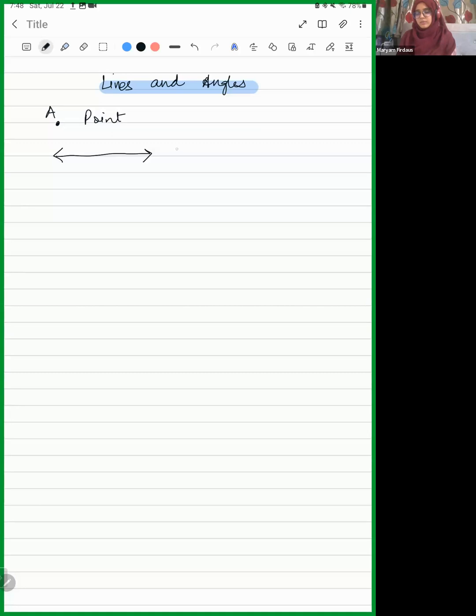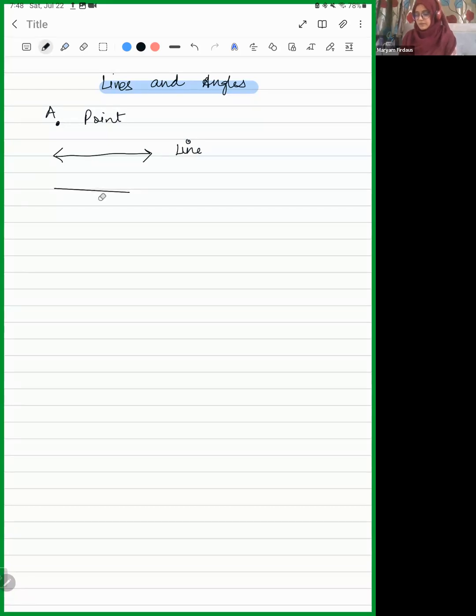A line. And how do we name a line? One end of a line should be named A, the other end B. Does a line have any ends? Yes, two.